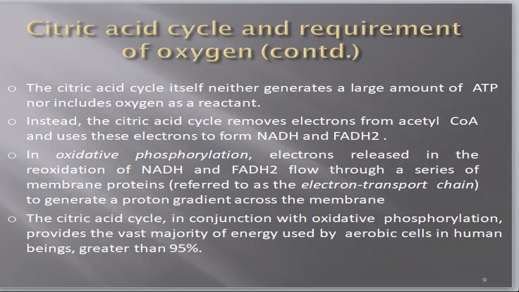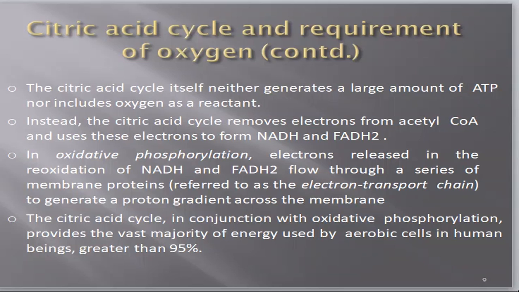How is the citric acid cycle helpful for cellular respiration then? The citric acid cycle instead removes electrons carrying energy from the carbon molecules into the NADH and FADH2 forms. Further, these 2 molecules, NADH and FADH2, are sent to the electron transport chain.